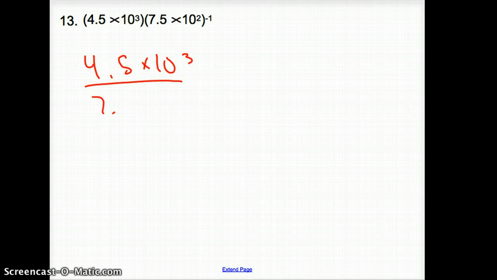So it's 7.5 times 10 to the second. Now 4.5 divided by 7.5 comes out to be a nice 0.6, and we have still times 10 to the, now we are 3 minus 2, so that leaves us times 10 to the first.